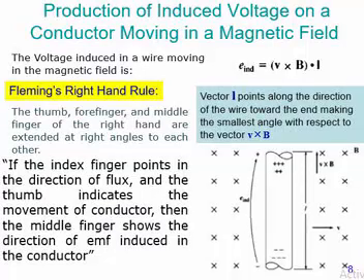The direction of the induced voltage can be obtained by Fleming's right hand rule.